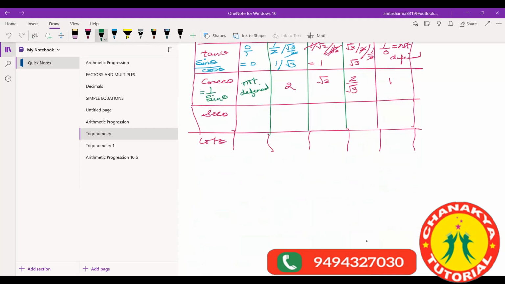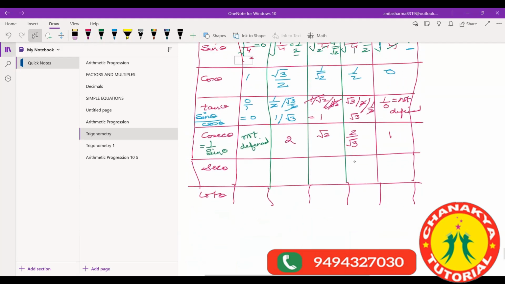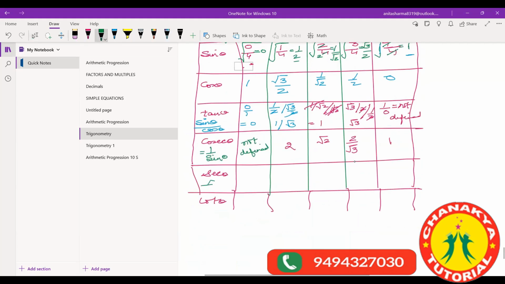Okay, very good, beta. Now, Aryan, tell me, sec theta is reciprocal of which trigonometry ratio? Cos theta. Yes, good, beta. So it is reciprocal of cos theta. Now, Huriya, reciprocal of 1 is? 1. Good, beta. Kashvi, reciprocal of root 3 by 2 is? 2 by root 3. Yes, good. Pranya, reciprocal of 1 upon root 2?